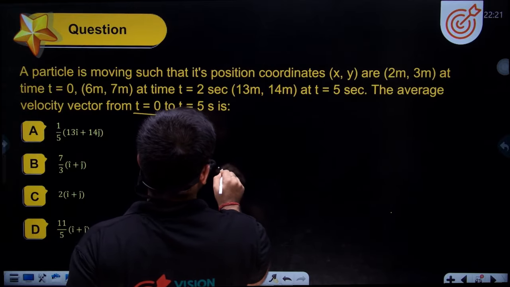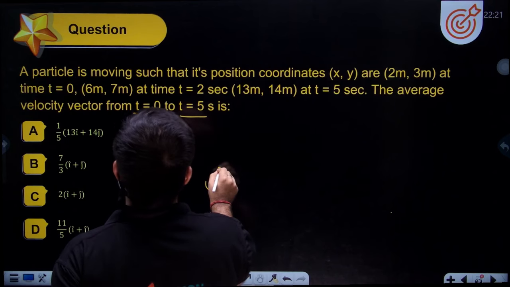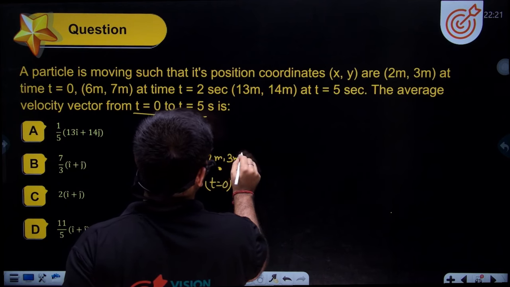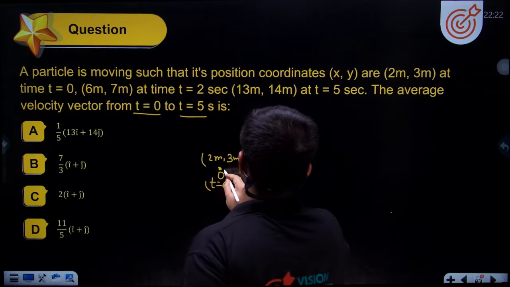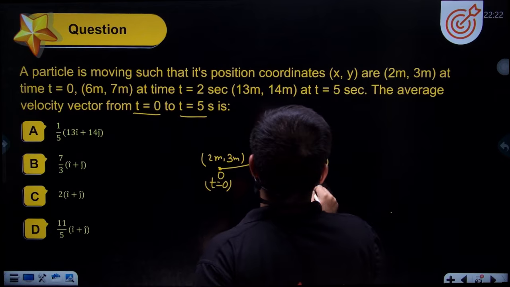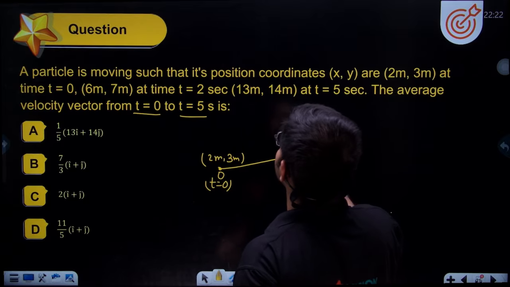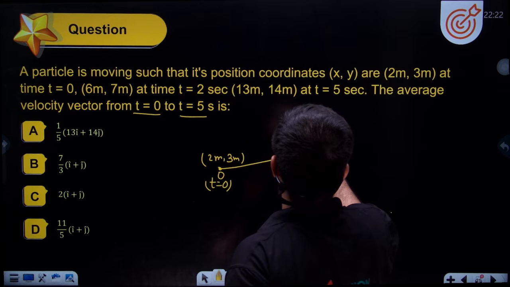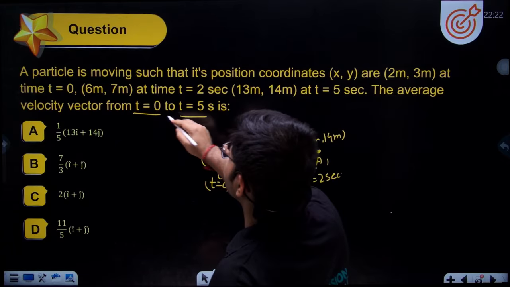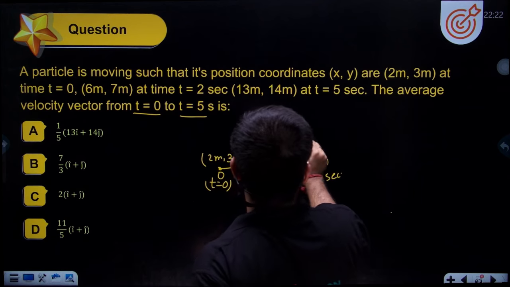In order to do that, first let us put all the coordinates. At t equal to 0, the coordinates are 2 meter, 3 meter. So this is my starting point. From here it has moved to another point at t equal to 2 second, where it is 6 meter, 7 meter.